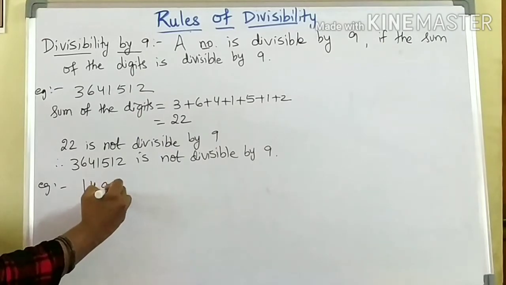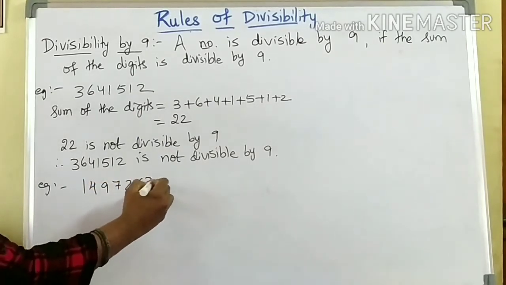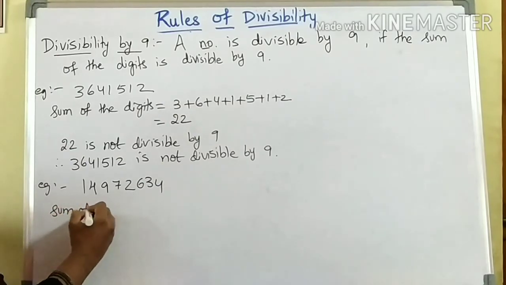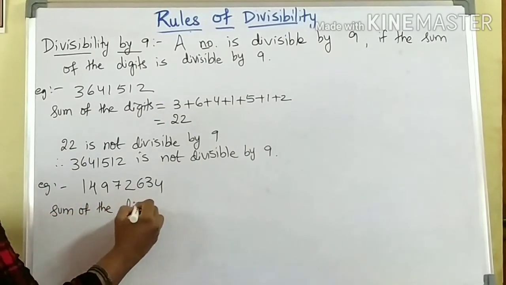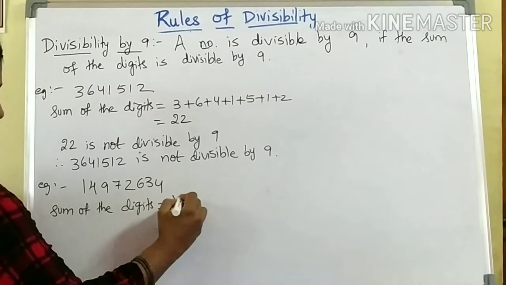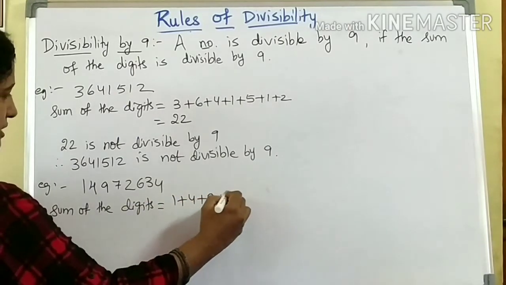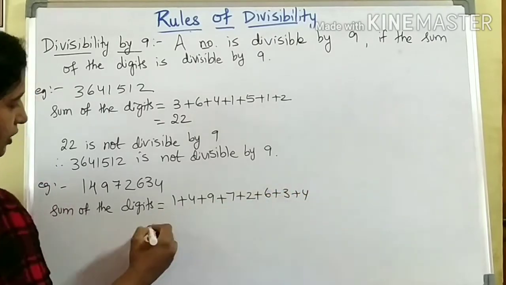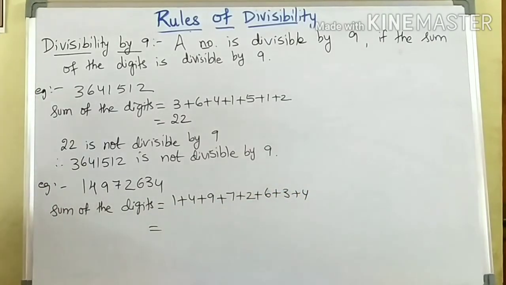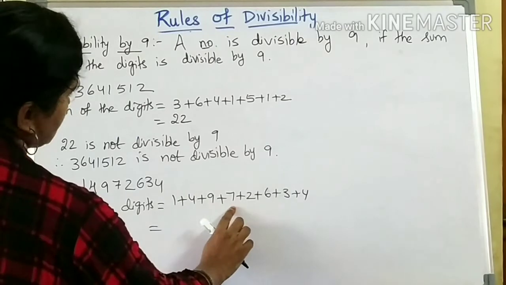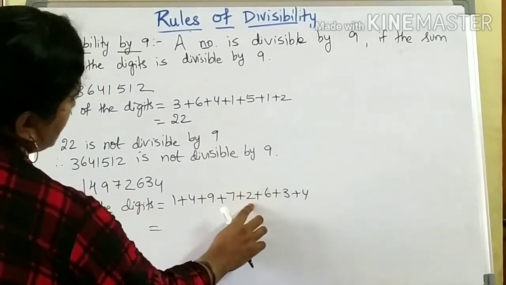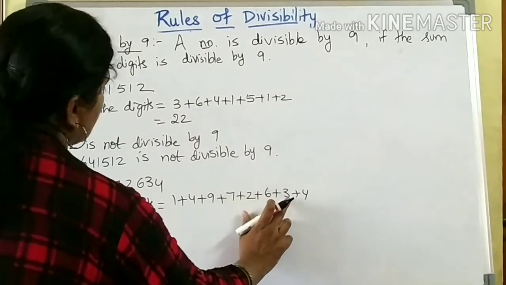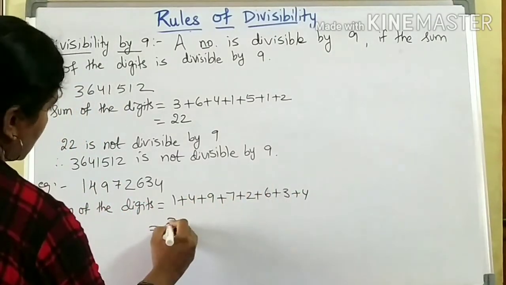1, 4, 9, 7, 2, 6, 3, 4. Okay. Now find the sum of the digits. 1 plus 4 plus 9 plus 7 plus 2 plus 6 plus 3 plus 4. So 1 plus 4, 5. 5 plus 9, 14. 14 plus 7, 21. 21 plus 2, 23. 23 plus 6, 29. 29 plus 3, 32. 32 plus 4, 36.